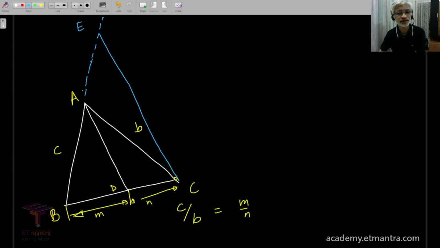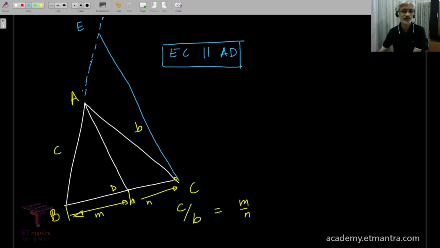The main point is that EC is parallel to AD, and like I said, this is a very favorite construction. So what happens immediately is that this angle, which we've been calling alpha by 2, will be equal to this, which is equal to alpha by 2. But then, since it's an angle bisector, this angle is also alpha by 2, and this angle will therefore be alpha by 2.